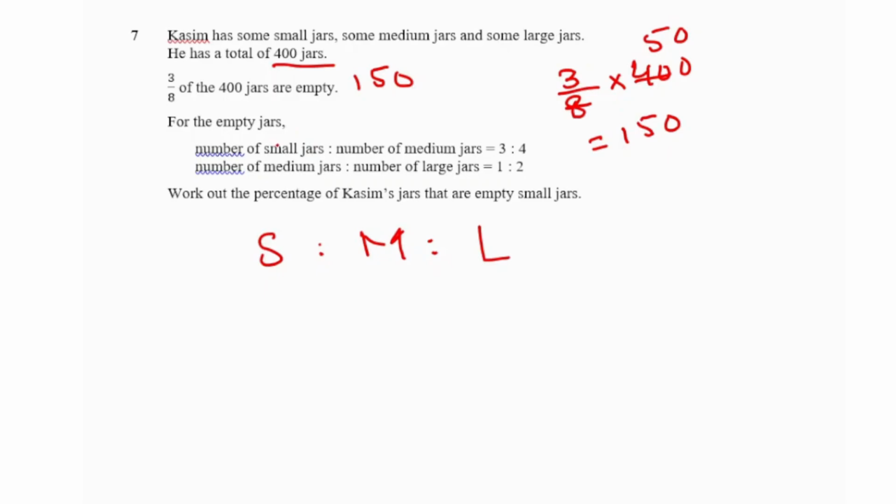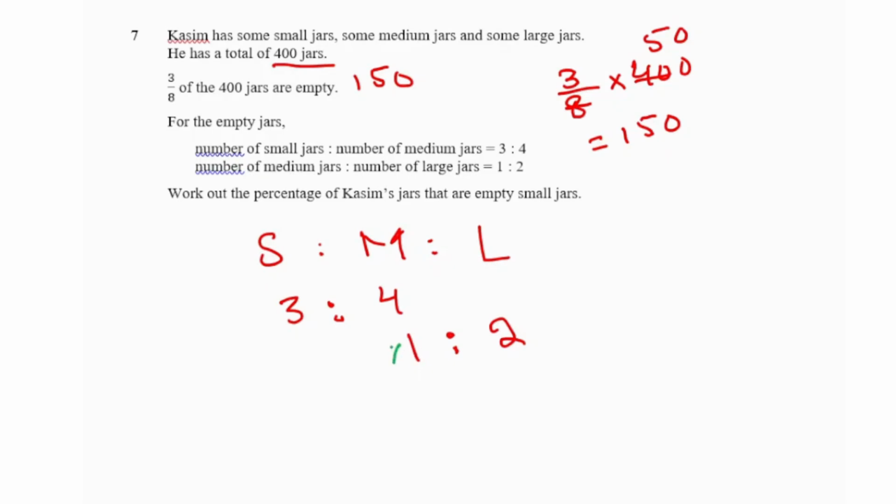For the empty jars, the ratio of the number of small jars to medium jars is 3:4, and the ratio of the number of medium jars to large jars is 1:2. How can we make them the same? We have 4 here and 1 here, so let's change them into an equal number.